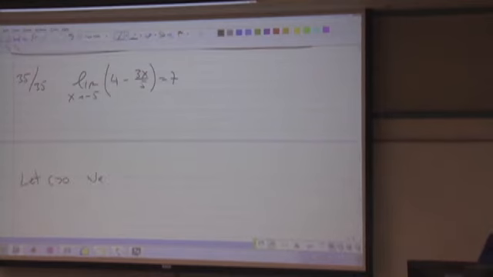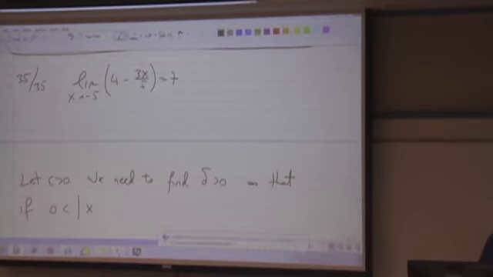We need to find delta, so that if 0 is strictly less than the absolute value of x plus 5 being less than delta, then what has to happen? The absolute value of (4 minus 3x) divided by 5 minus 7 has to be less than epsilon. Right?